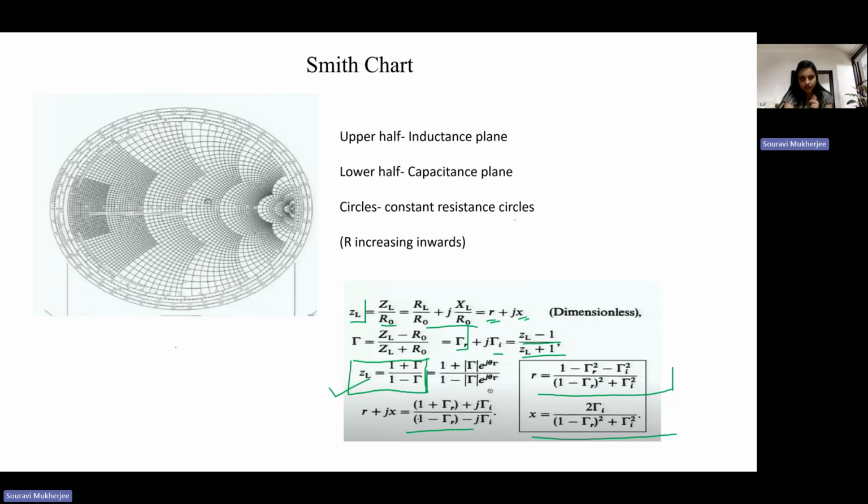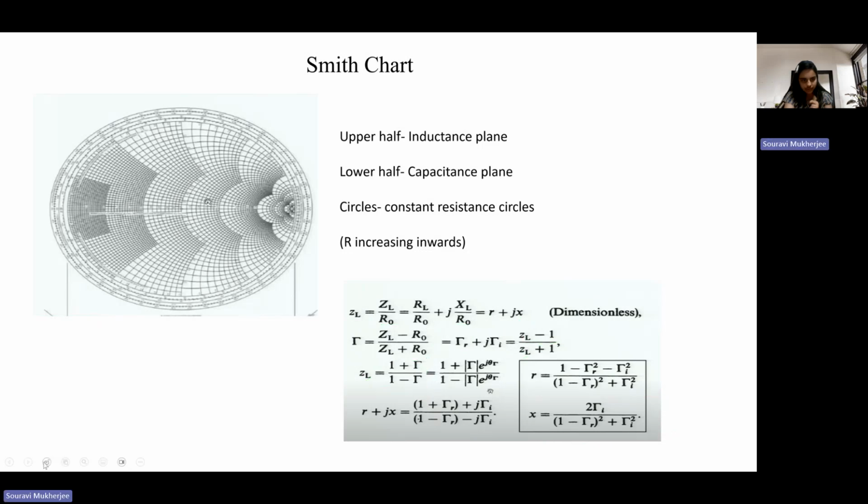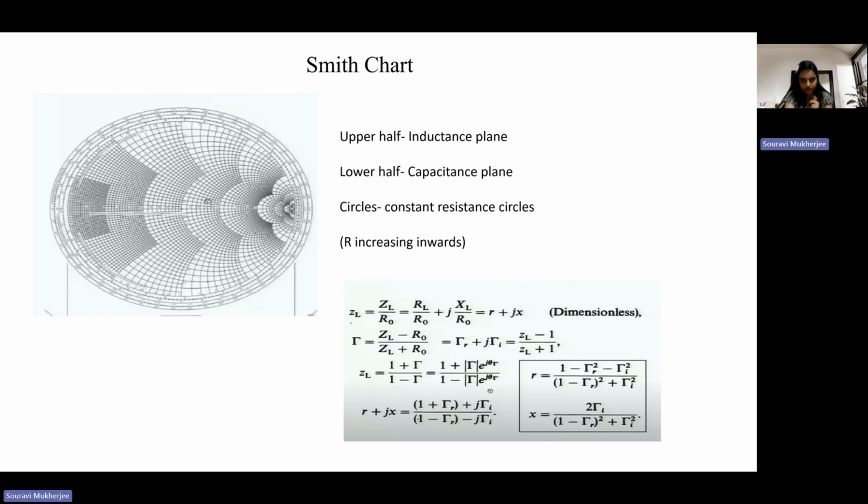So that means if you have some load impedance ZL known, you can write it in terms of a real and an imaginary part in the reflection coefficient plane, in the Smith chart.